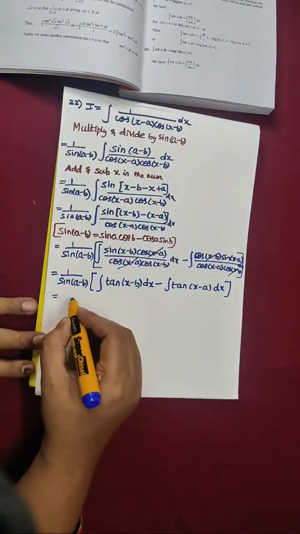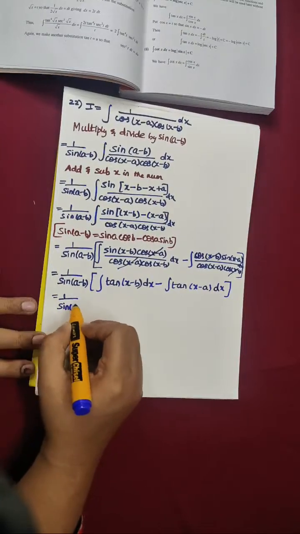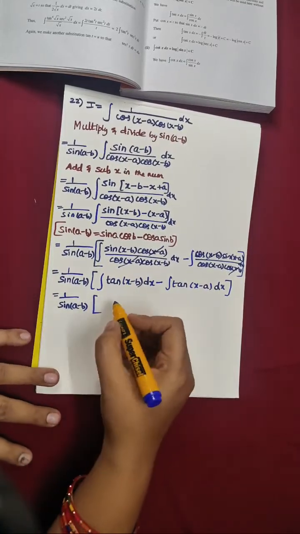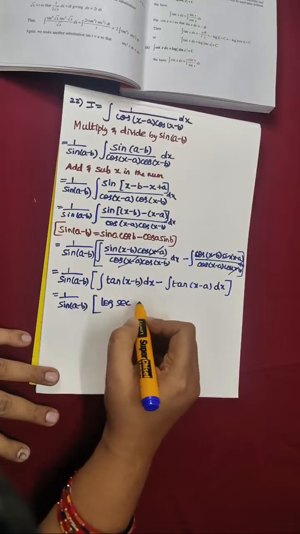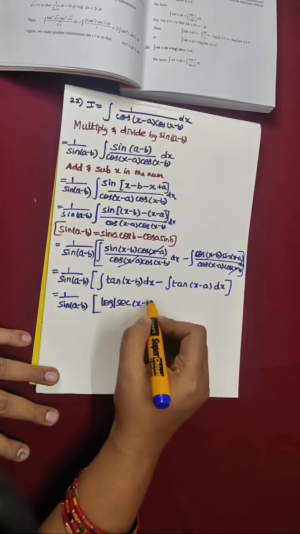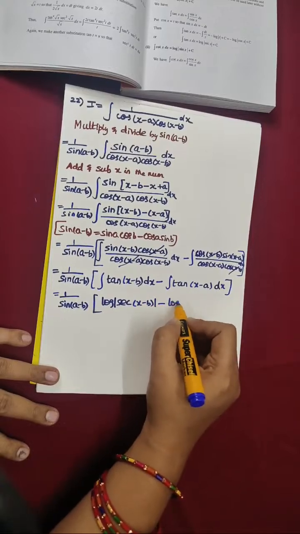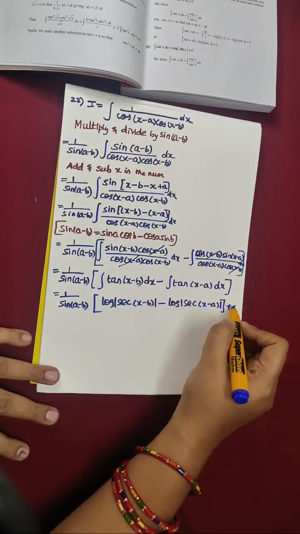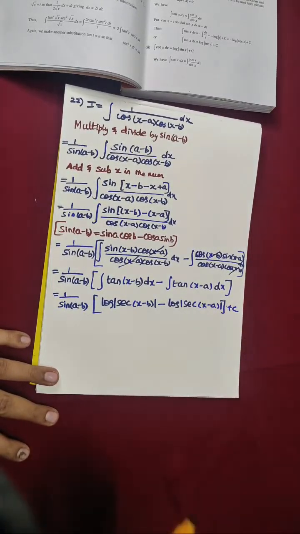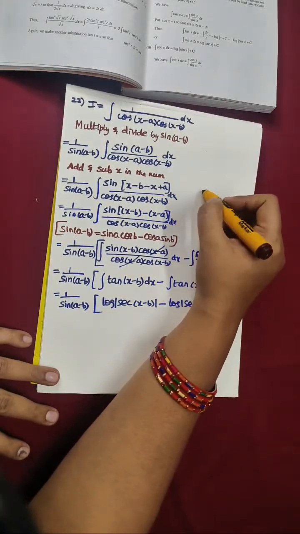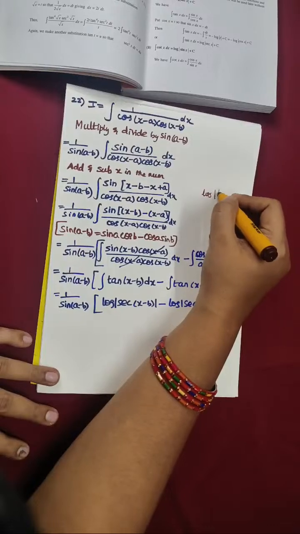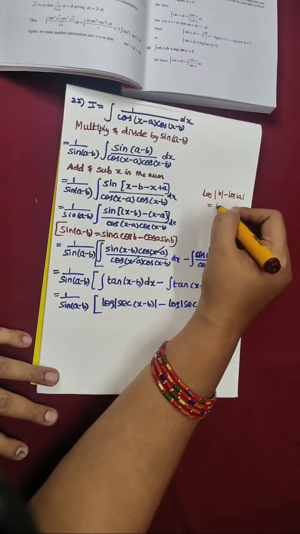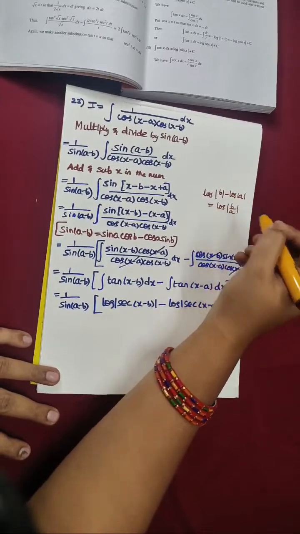So now this can be written as 1 by sine of a minus b into log secant of x minus b, minus log secant of x minus a, plus c. And we know for logarithmic functions, log b minus log a can be written as log of b by a.